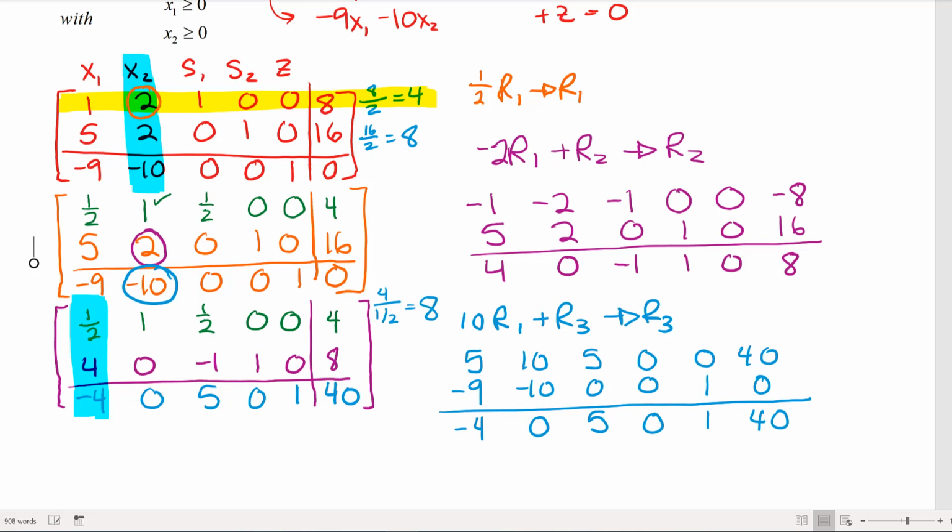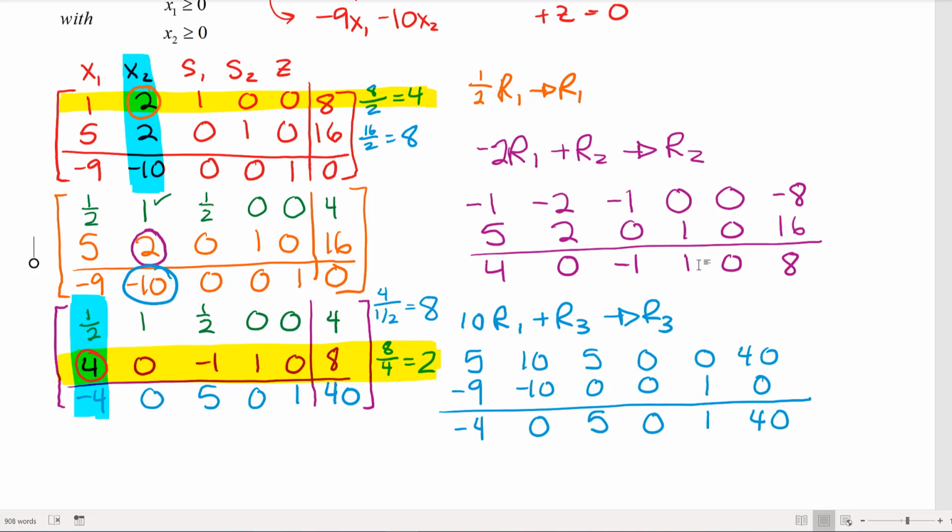You can use a calculator if you want. That turns out to be 8. 8 divided by 4, that's 2. Between 8 and 2, we're looking for the smaller positive quotient, which is 2. So row 2 is going to be my pivot row.